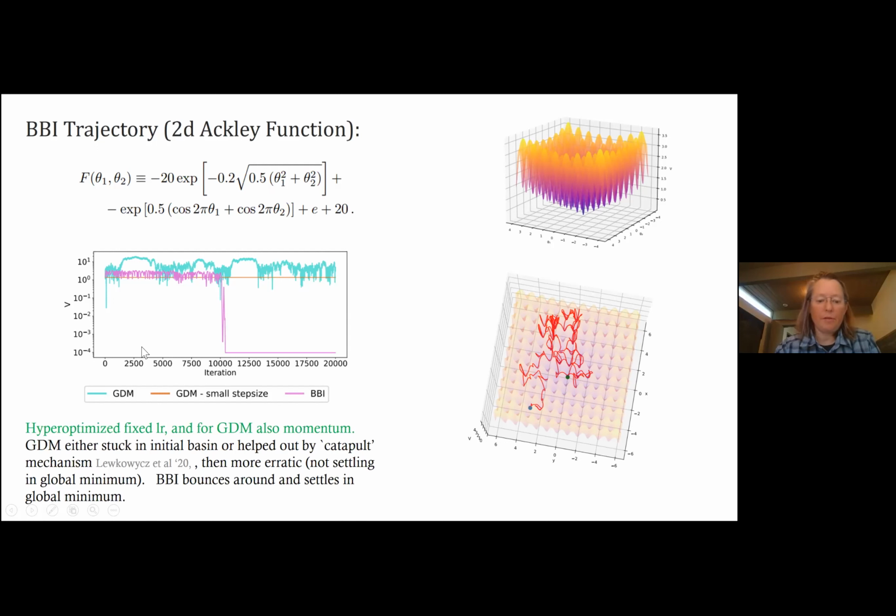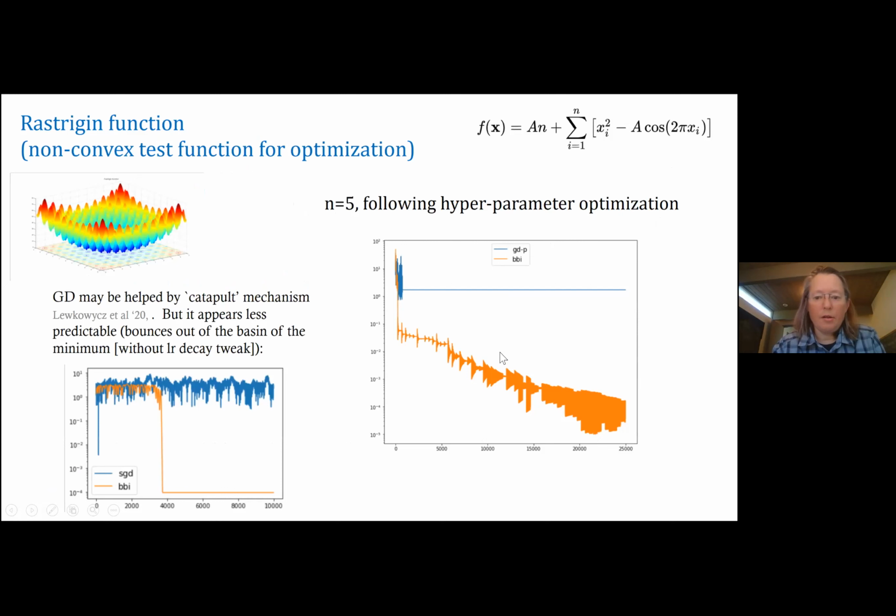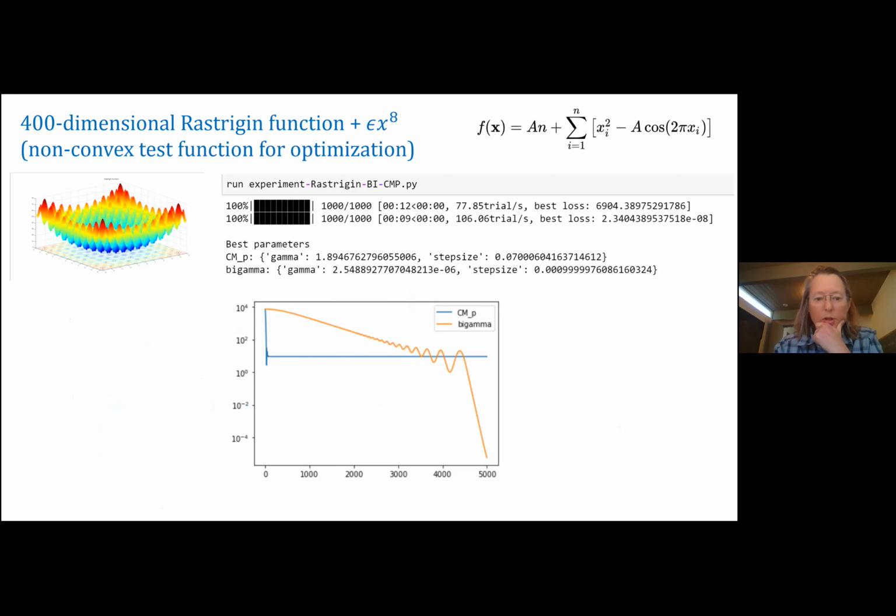So at this level with a fixed learning rate, hyper-optimizing that and the momentum, and for BI, hyper-optimizing the learning rate, these are the results, and it makes sense from the theory. The Rastrigin function is another such thing which we can scale up in dimensionality, and we find similar results there in comparing gradient descent with momentum and BBI. Okay, 400 dimensions, similar. So we can do the high dimensional case in this sense.